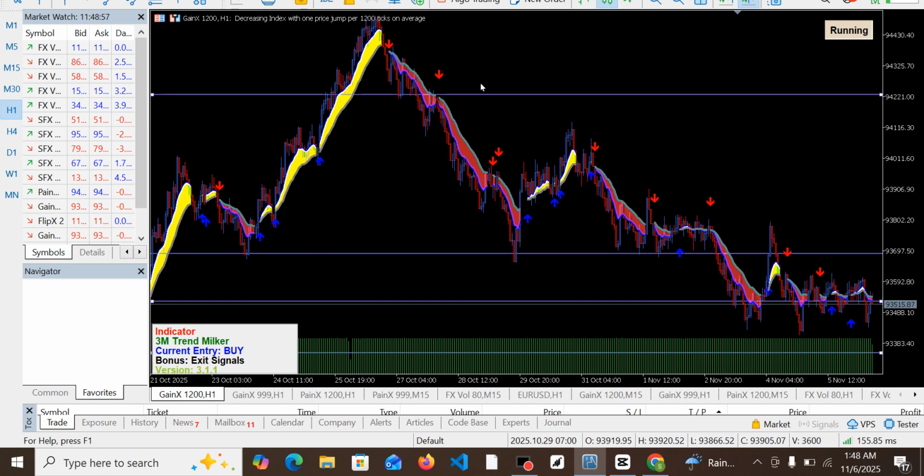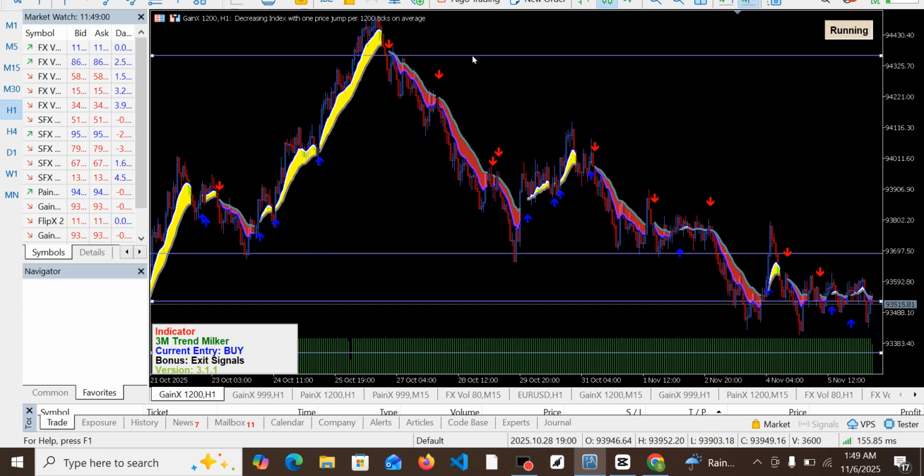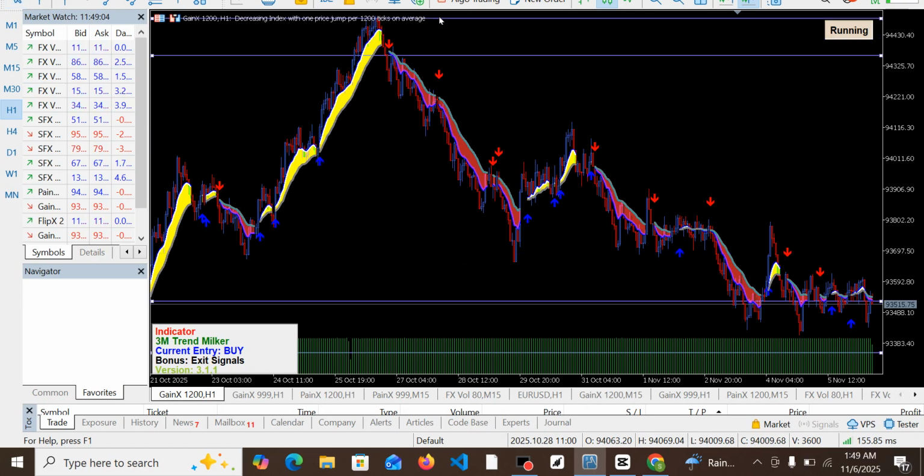We got the red arrow at this point, so we can place our order somewhere here, and then we should put our stop loss at the recent high, the last high that occurred. So that is it. At that point we can sit down and relax while we wait for the market to play out.